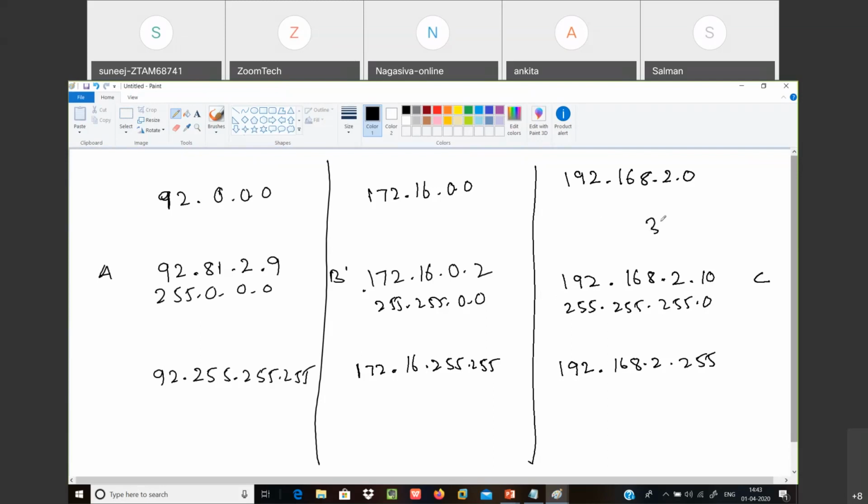IPv6. IPv4 is how many bit address? 32-bit address. To discuss the 32-bit address logics, we took two sessions, yesterday and today's continuation. But now I'm going to start with the 128-bit address. Let me see how many days it will take.